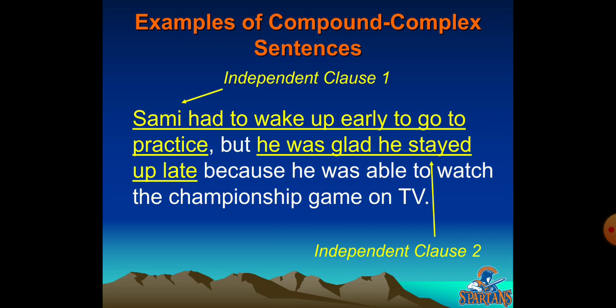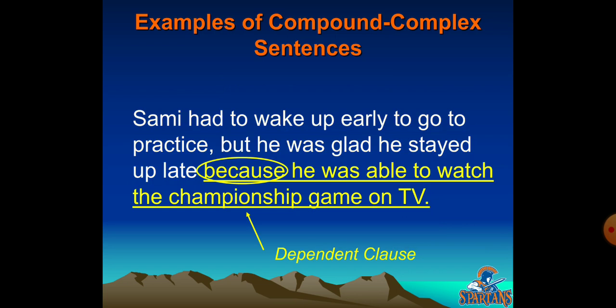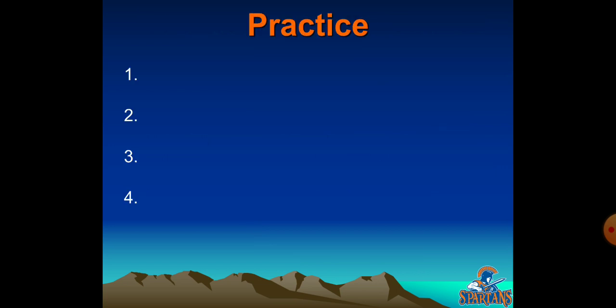The two independent clauses are joined by the coordinating conjunction but, and the dependent clause, or the subordinate clause, is preceded by the subordinating conjunction because he was able to watch the championship game on TV.